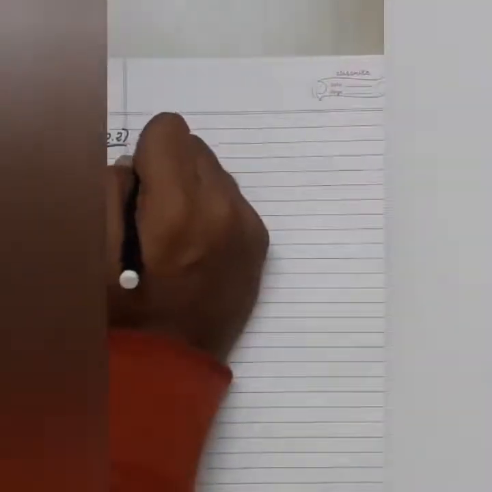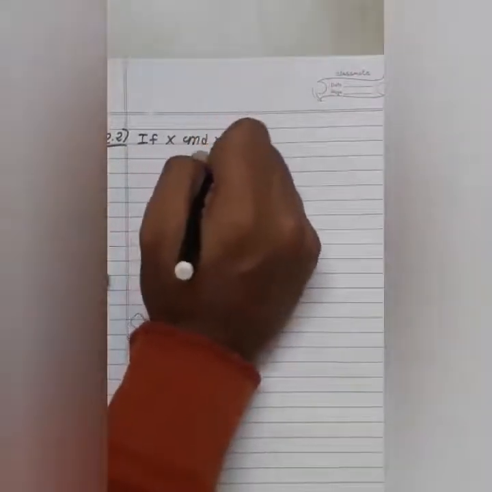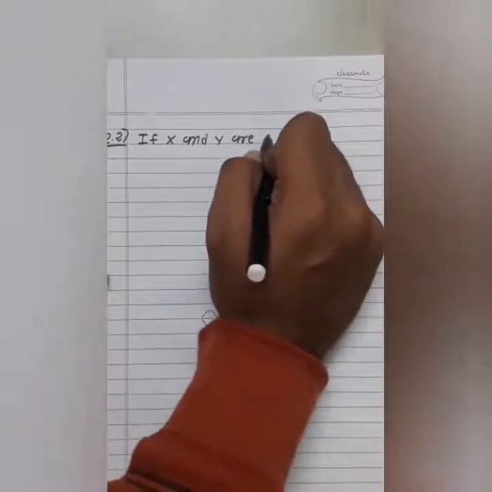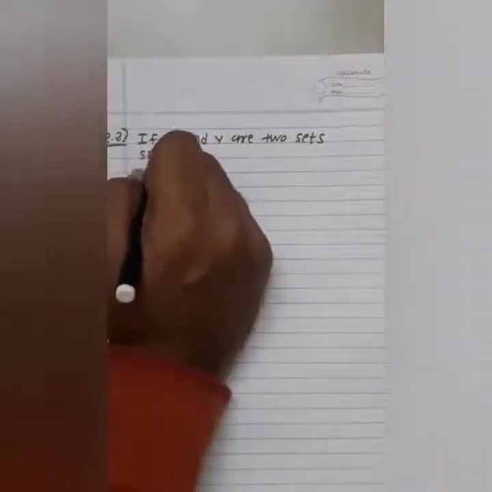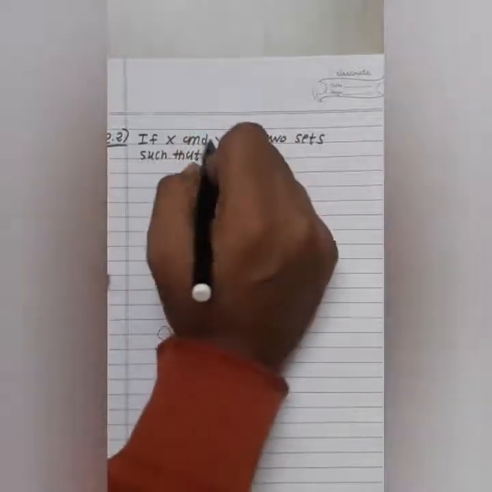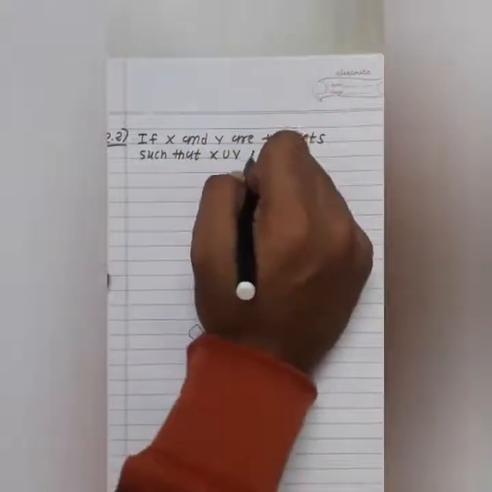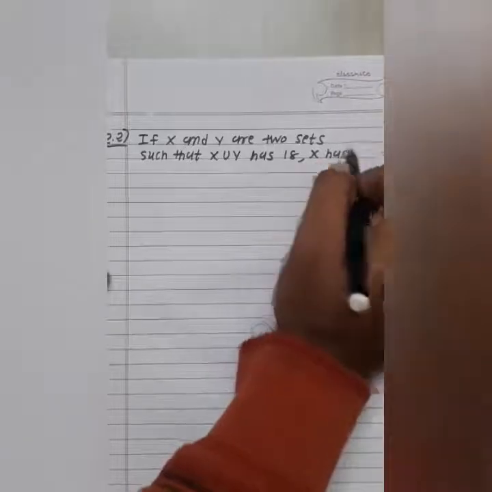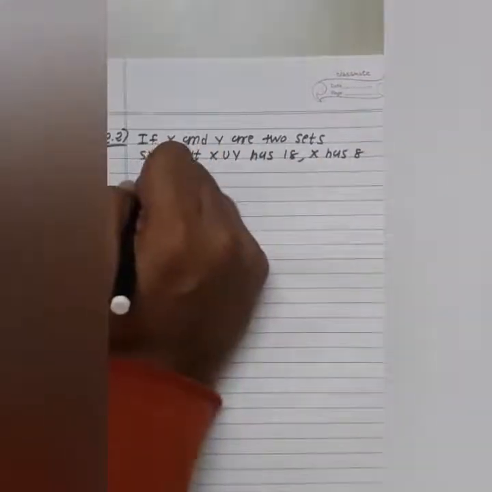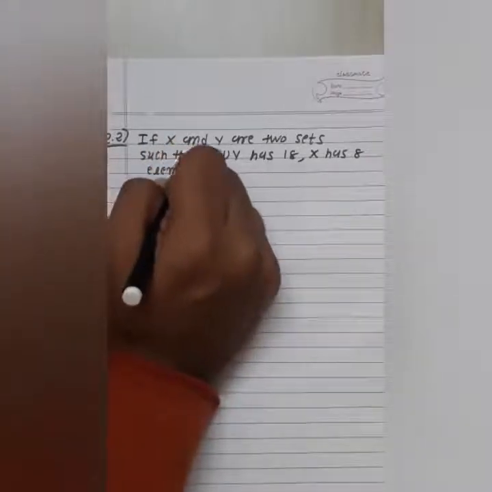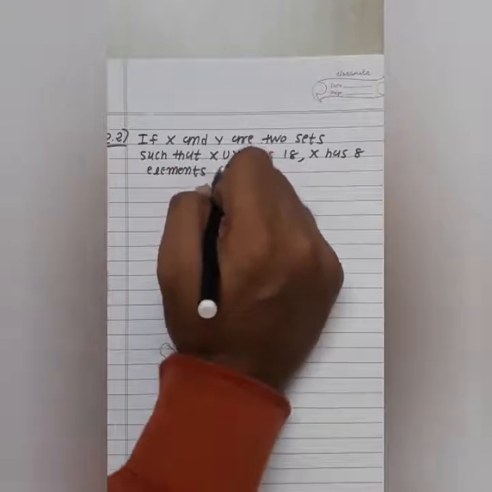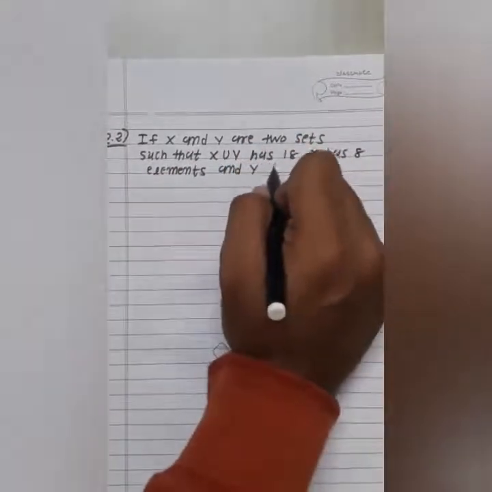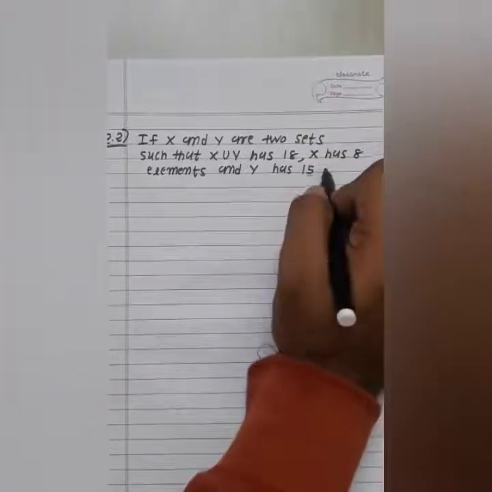Question number 2. If x and y are two sets such that x union y has 18, x has 8 elements, and y has 15 elements.